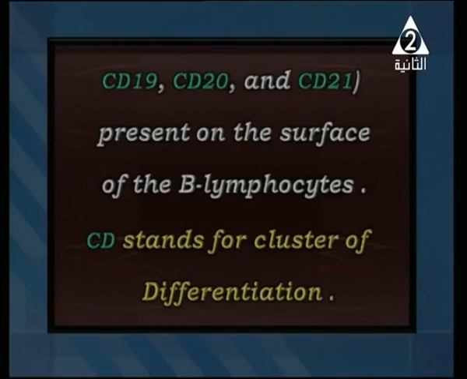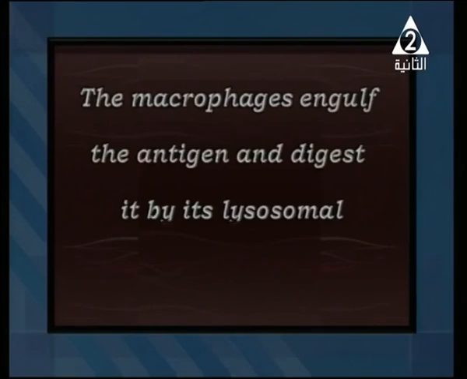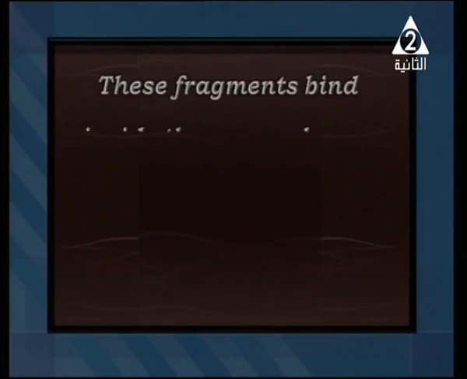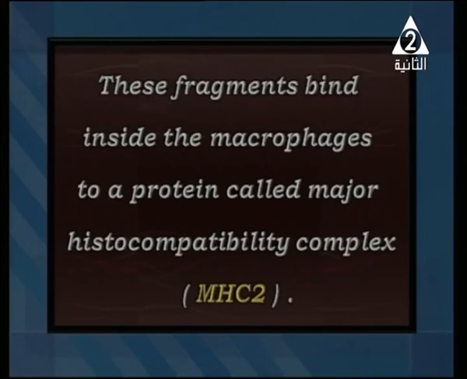Then the macrophage engulfs the antigen and digests it by its lysosomal enzymes into fragments of very tiny pieces. So number one, attachment; number two, using the cluster differentiation CD19, 20, and CD21 present on the surface of the B lymphocyte.